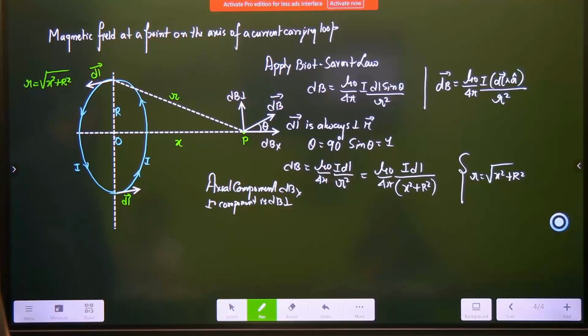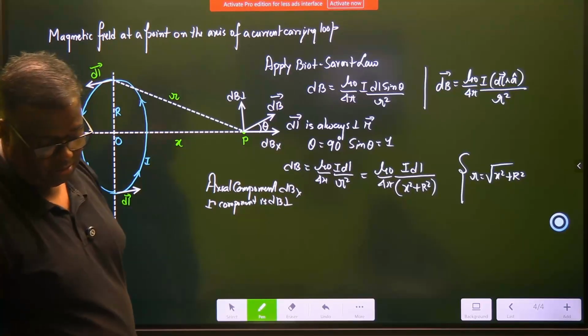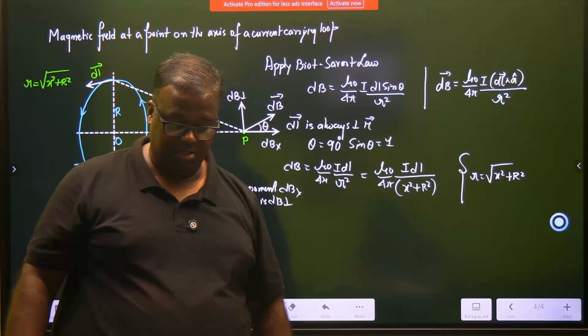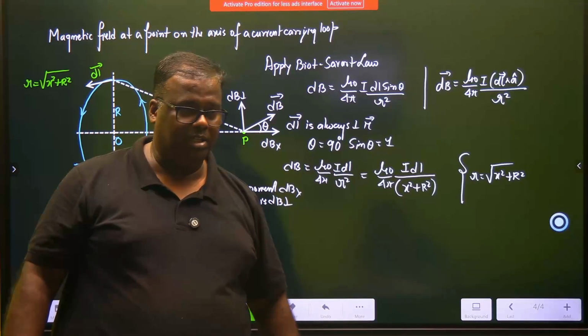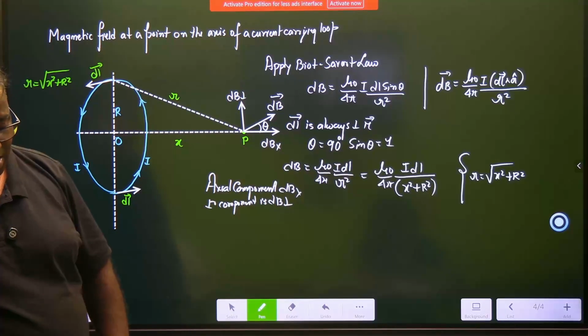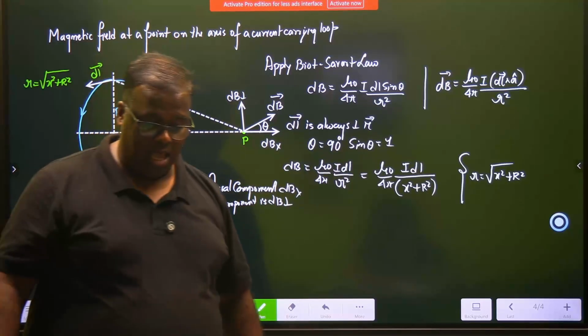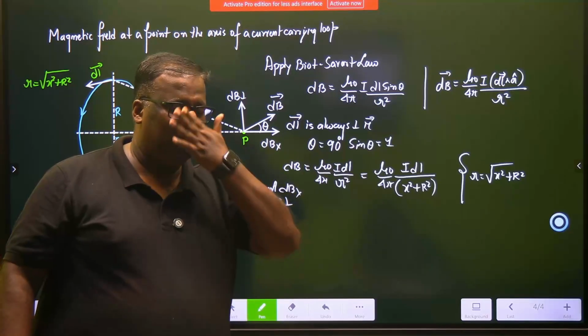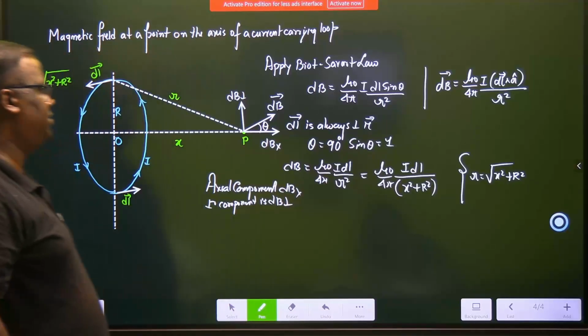So write down: two opposite current elements eliminate dB perpendicular, equal and opposite, and only dBx survives.